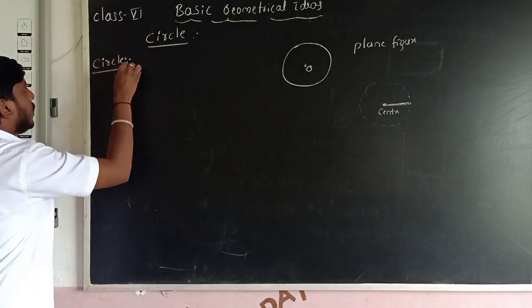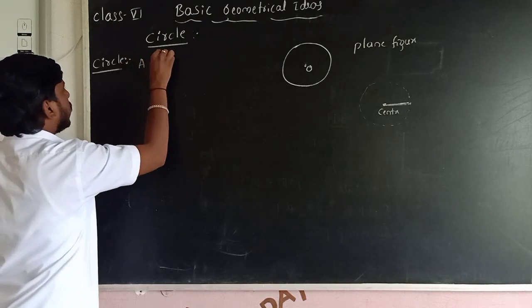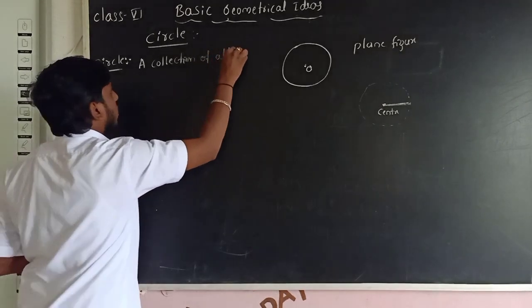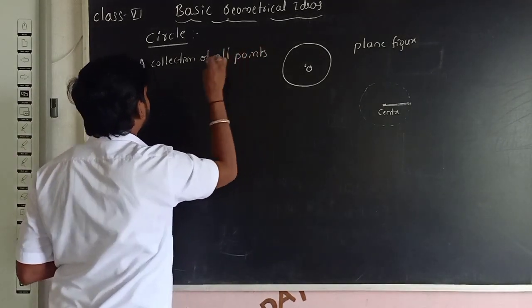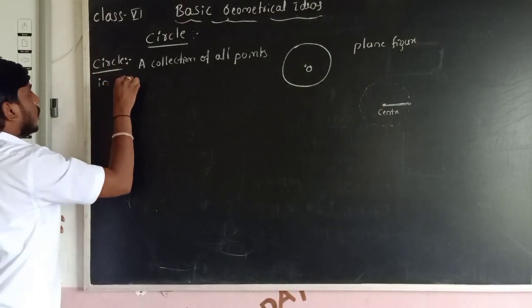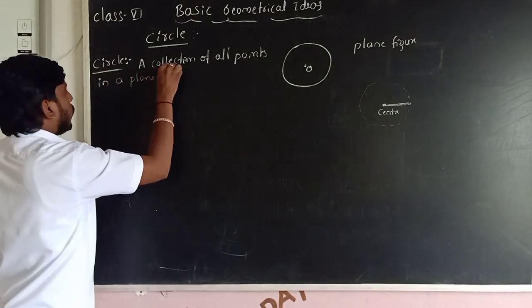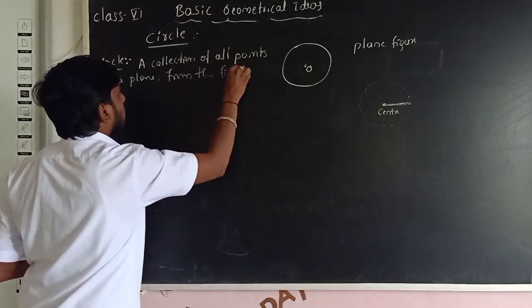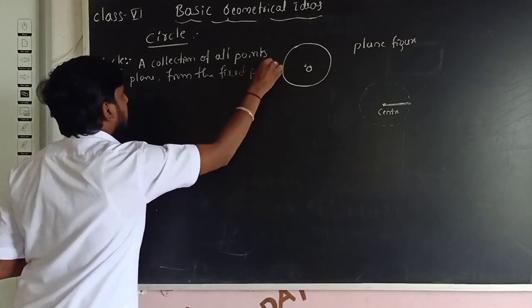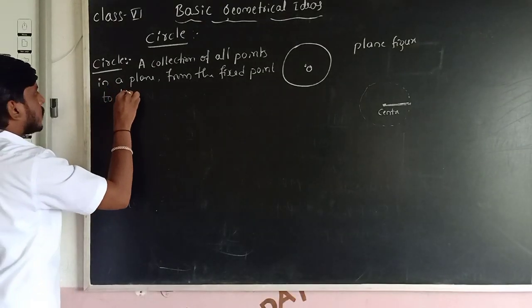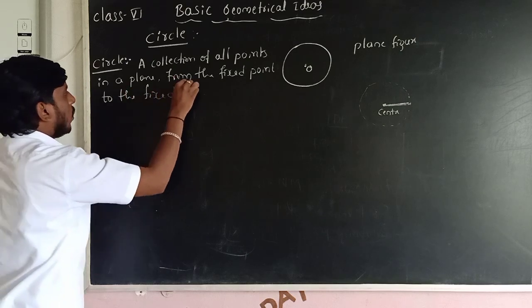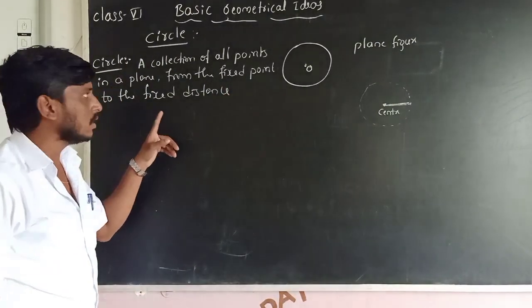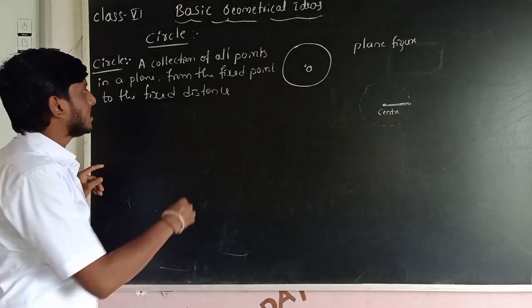A circle is nothing but a collection of all points in a plane from the fixed point to the fixed distance.